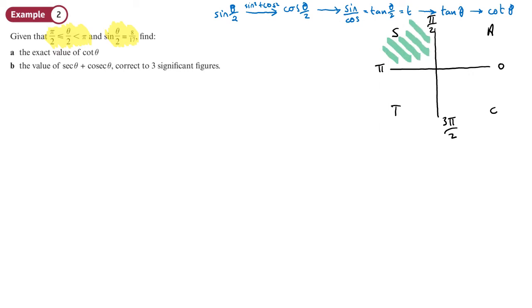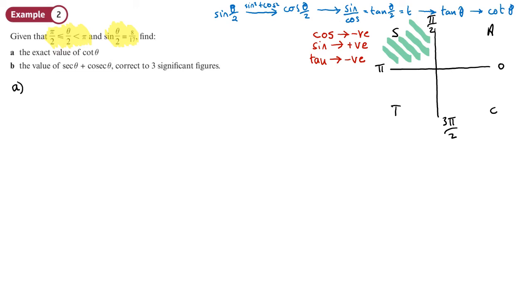Now what does that mean? That means that when I work out cos, it's going to be negative. Sine will be positive, and it's positive in the question. And tan, well, that will also be negative. Okay, so now we're ready to start.